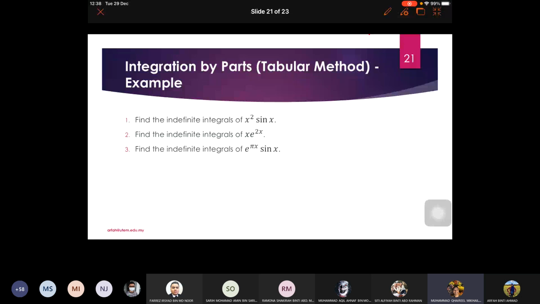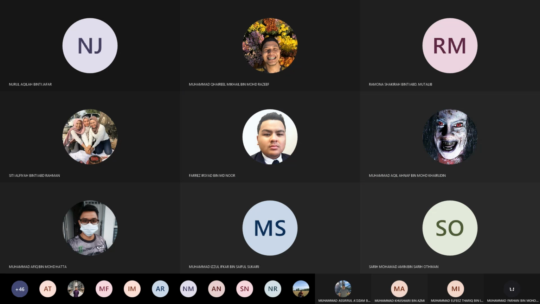Screen freeze. Aduh pula. Kejap lah saya leave dulu. Boleh gila ke lama belajar online. Sabar Miss.